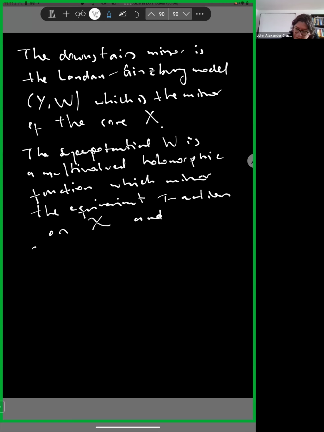And Y fibers over Y with holomorphic Lagrangians.